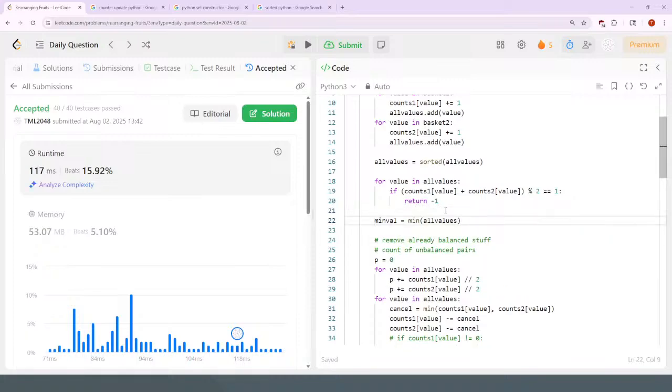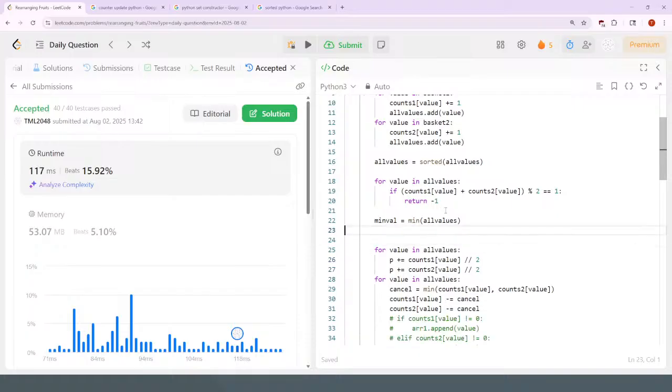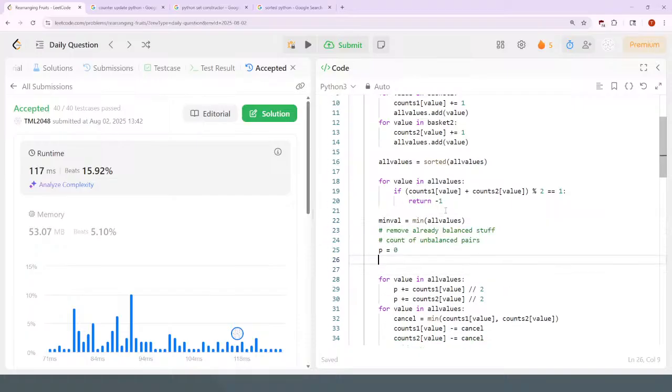Don't really worry about whether or not it's balanced or not. So for every value, actually, I need to count the number of pairs. I need to know the number of unbalanced pairs first. So that has to be the starting point. So for every, well, does it have to be the starting point?